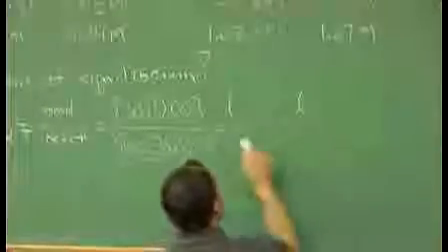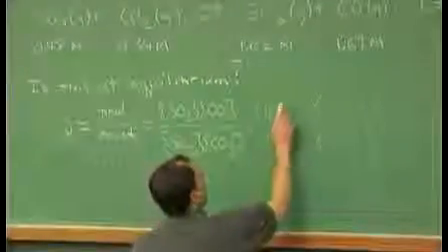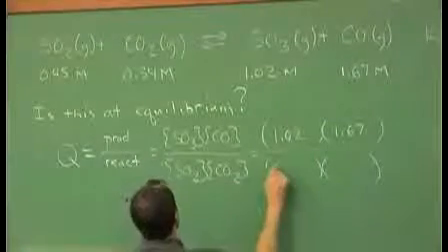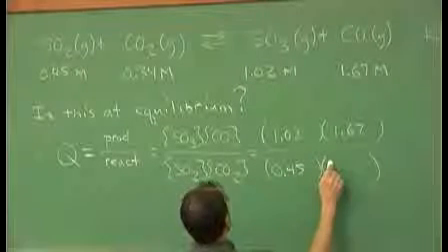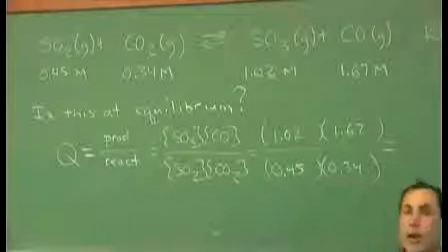Let's plug in our measured values. Now I'm going to set this up with brackets. On the top, SO3 and CO, 1.02, 1.67. On the bottom, we have 0.45 molar as SO2, and the carbon dioxide is 0.34. Please be careful on your calculators.